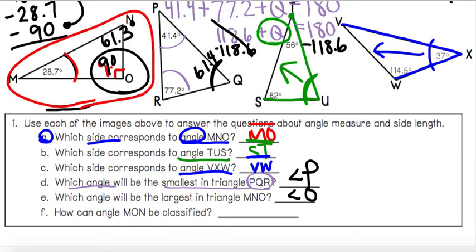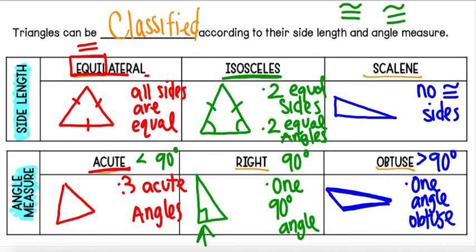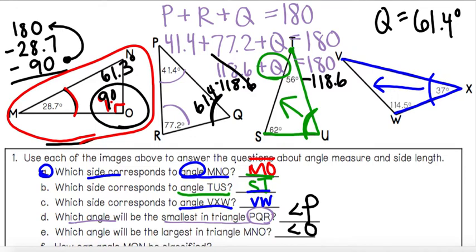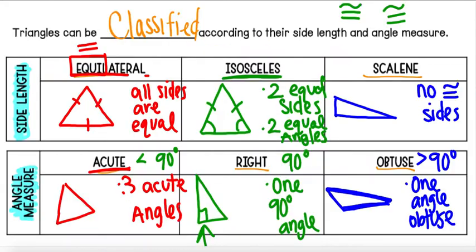And we're using this terminology. First off, let's do it with the sides. Okay, the side lengths are all going to be different because they have different angles. So a triangle that has all different sides is called a scalene triangle.